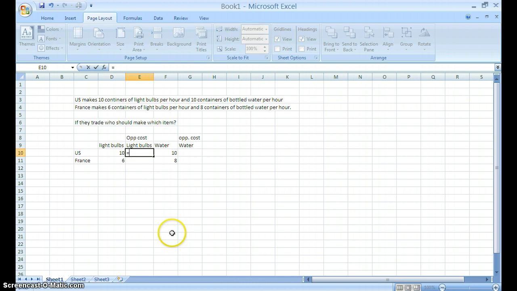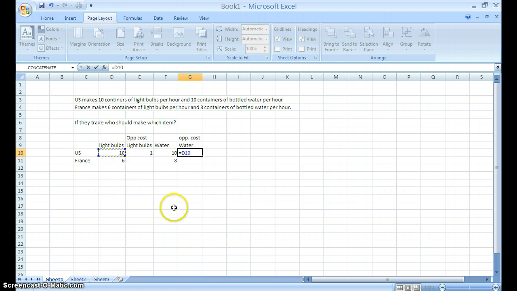It is equal to the other, water, divided by this one, the light bulbs, which is also 10 over 10, and gives me 1. That's the opportunity cost for making light bulbs. To make one light bulb, you give up 1 container of water.